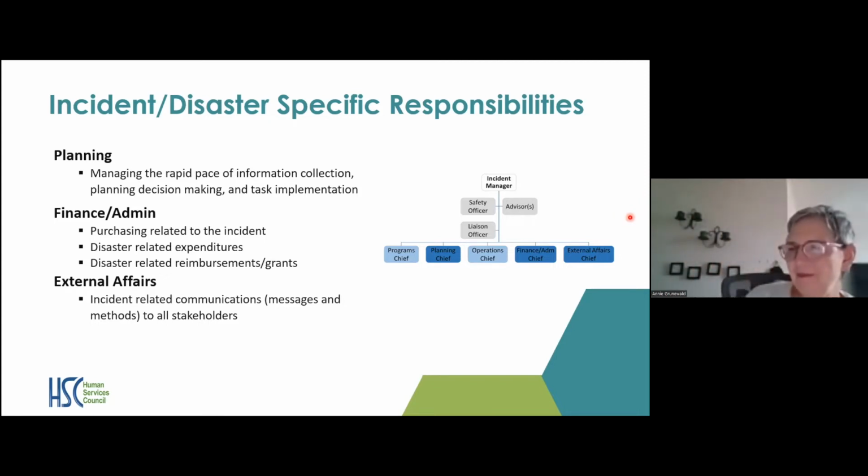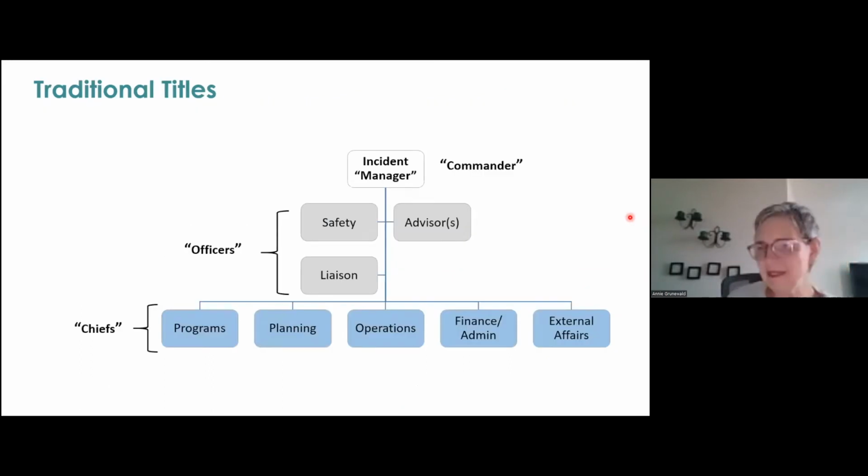So now let's look at the titles. You'll notice we just had the realms of responsibility listed here. Well, what are you going to call these people? You can really call them whatever you want. A common terminology for ICS, used by a lot of organizations who adapt this structure, is to call the first person in charge the incident commander.